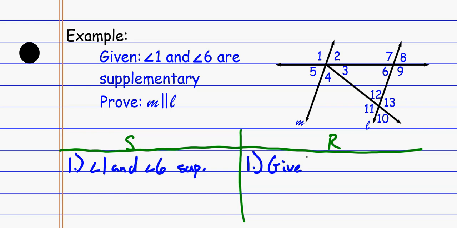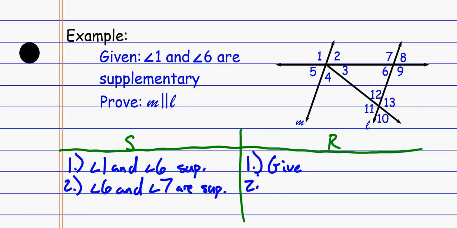And you know what? There might be a ton of information here that's useless. Okay? So something like this. I might say, well, I know 1 and 6 are supplementary. But I also know that 6 and 7 are supplementary, don't I? Because that's a linear pair. So angle 6 and angle 7 are supplementary.